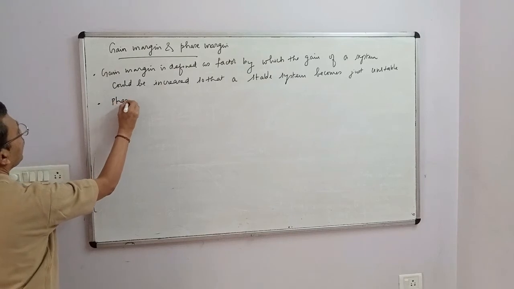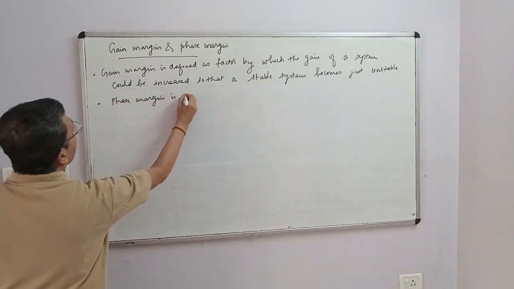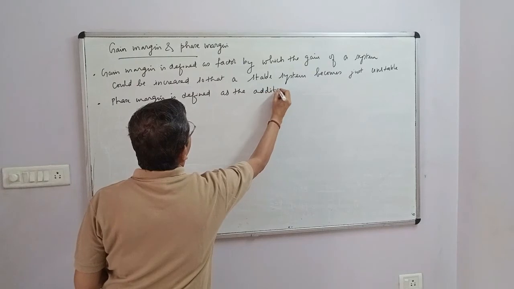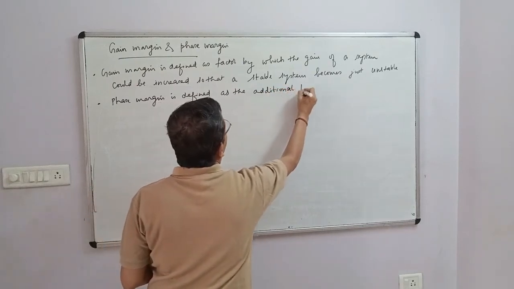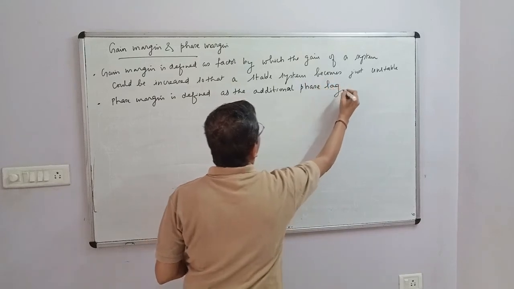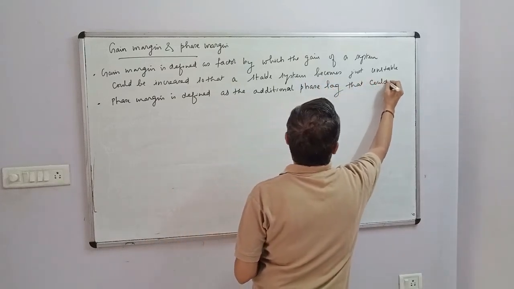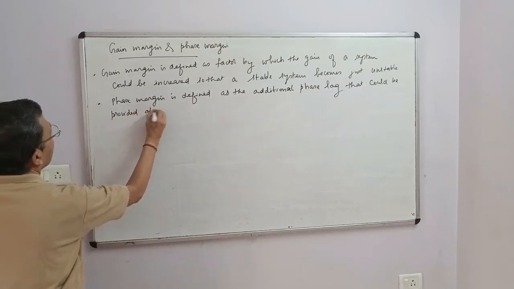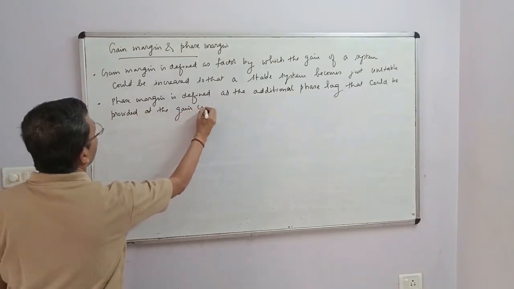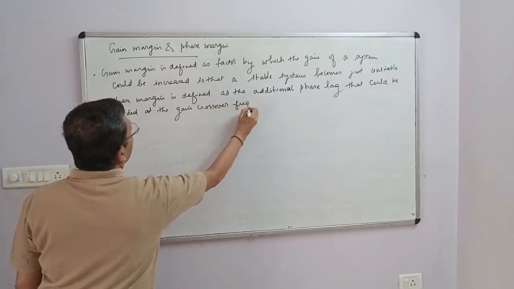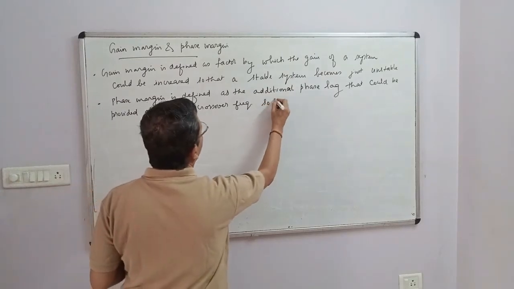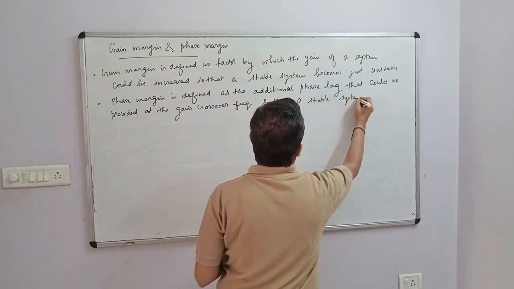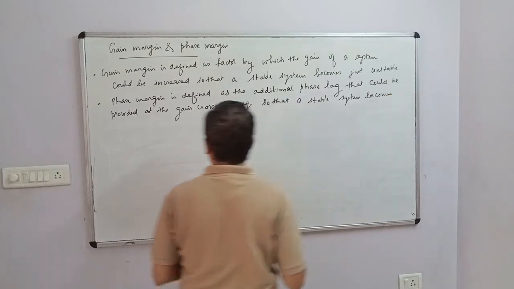Phase margin is defined as the additional phase lag that could be provided at the gain crossover frequency so that a stable system becomes just unstable.